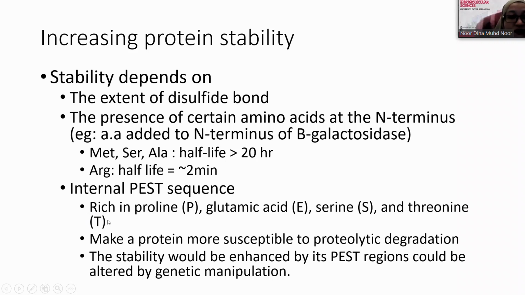Okay, so this is PAS. If we have this PAS region, it makes a protein more susceptible to proteolytic degradation. The stability enhanced by the PAS region could be altered by genetic manipulations.